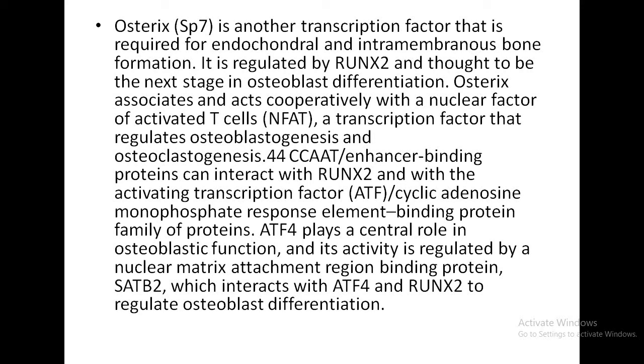So in short, RUNX2 regulates SP7, and the SP7 acts cooperatively with the NFAT. Then the RUNX2, which binds with the ATF4, plays a central role in osteoblastic function.